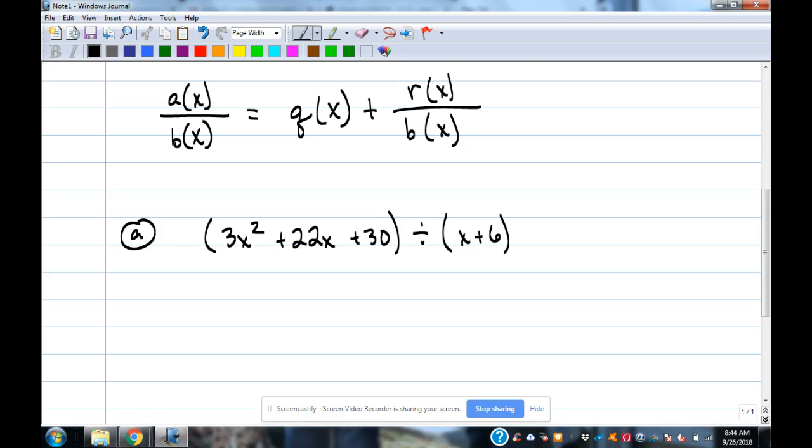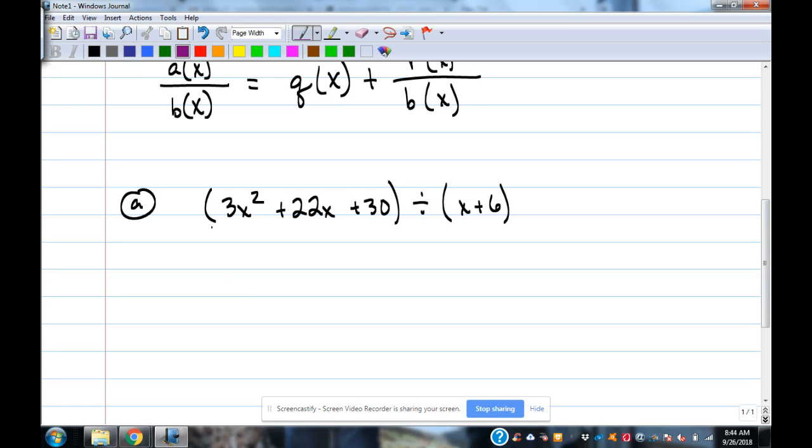Writing out a division problem there. If I'm going to do long division, I'm going to put it in the long division style. So I'm going to put x plus 6 on the outside, and then underneath that weird symbol, 3x squared plus 22x plus 30. There are some important things to remember when you're setting up your division, whether we're using long division or synthetic.